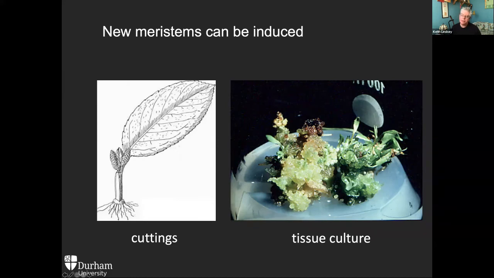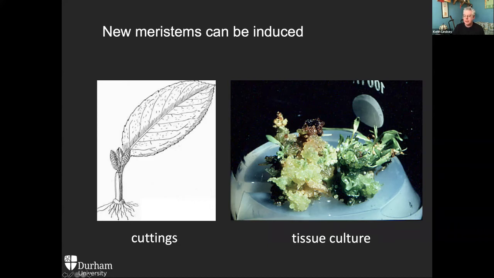And when you first put it into culture, it forms this wound tissue, which is called a callus tissue. So just cells will proliferate as this callus. But if you treat them in the right way with the right sort of hormones in the medium, you can get them to re-differentiate into completely new structures.